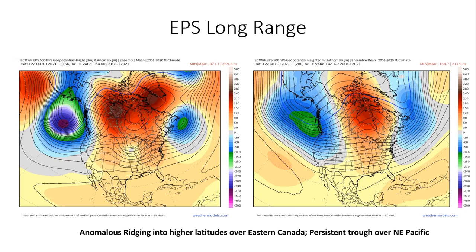So if you look at the graphic on the left, that's going to be the forecast for Wednesday, the 20th of October, 2021, and look at the strength of that ridge. It almost appears we have two ridge centers extending across west central Canada, as well as another anomalous ridge extending into northeastern Canada into Greenland.